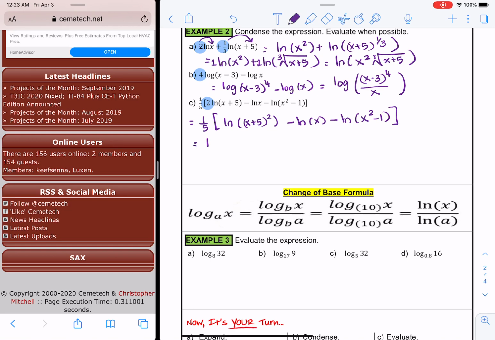But before we proceed, we can only combine two terms at a time. So I'm going to pull the negative out and write it as ln of x plus ln of x squared minus 1. And those two terms, since there is a plus sign in the middle, we could write it as ln of x times x squared minus 1.